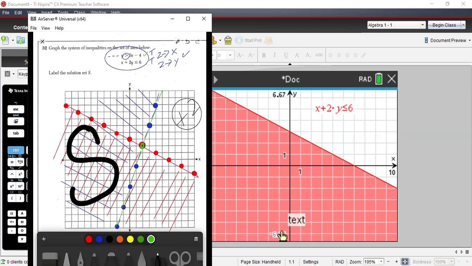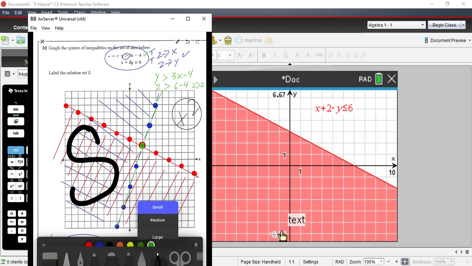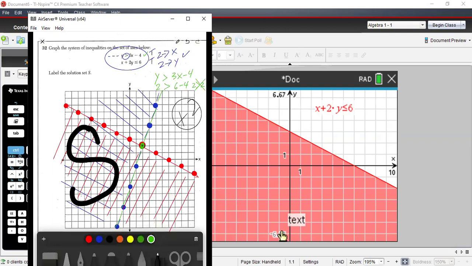So like if you plug that in, let's say y is greater than 3x minus 4. So watch this. If I plug in 2, that means the y value is 2. 3 times 2 is 6. 6 minus 4 is 2. So is 2 greater than 2? It's not. So this point is not a solution for that first inequality.